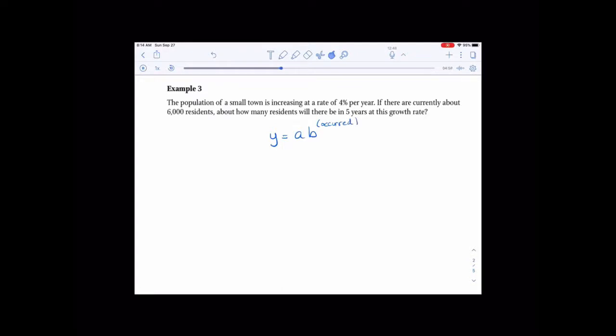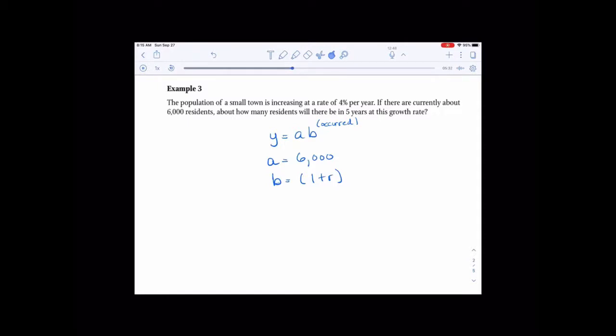Let's substitute in our known values. The town's initial number of residents is 6,000. We are also given that b is equal to 1 plus r, because we are dealing with growth here. We are increasing the population by 4%, so it's 1 plus r.